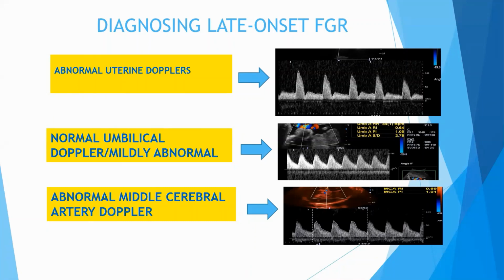In terms of diagnosing it, we may see that the umbilical artery Dopplers are normal, or sometimes they may be mildly abnormal. In this case, you see them here. They look essentially normal, these umbilical artery Dopplers. But in addition, you'll see that there's an abnormal middle cerebral artery Doppler. So this will fulfill the criteria of late onset fetal growth restriction.